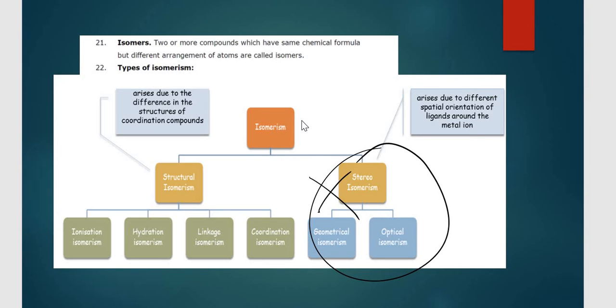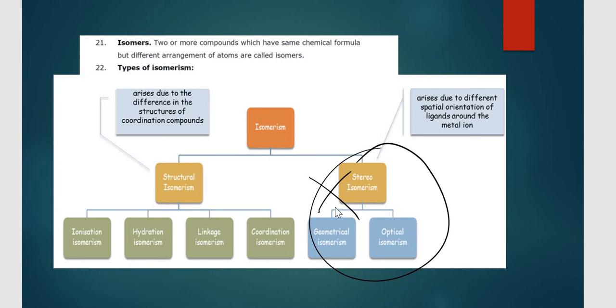Now there's a confusion. Right now the isomerism is deleted from your course, but still to be on the safer side, I'm just giving you an idea about the structural isomerism. As the name specifies, structural means there is a difference in structure of the coordination compound. And stereoisomerism means there is a difference in spatial arrangement or orientation of ligands around the metal.